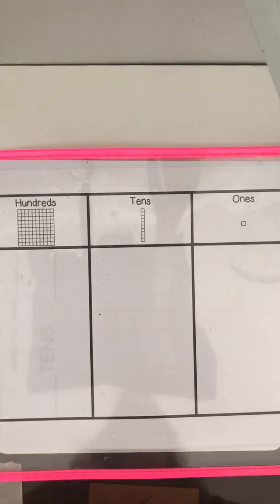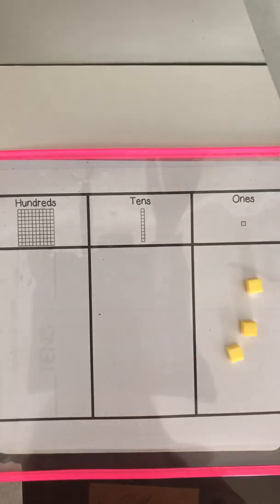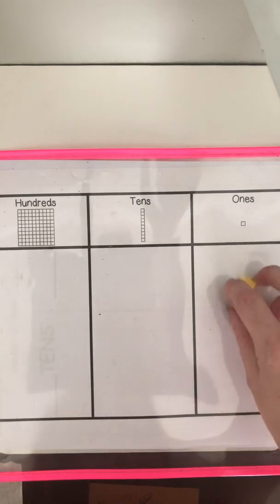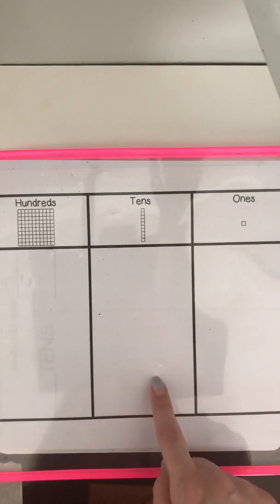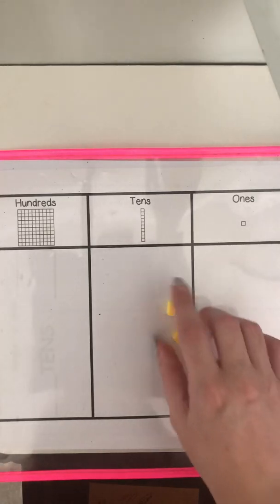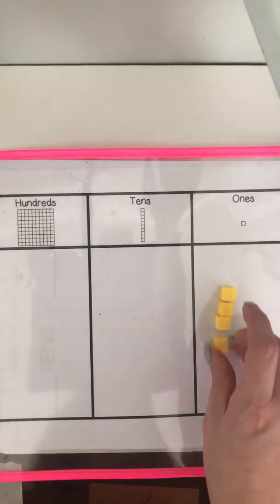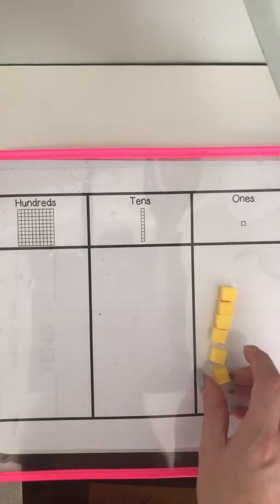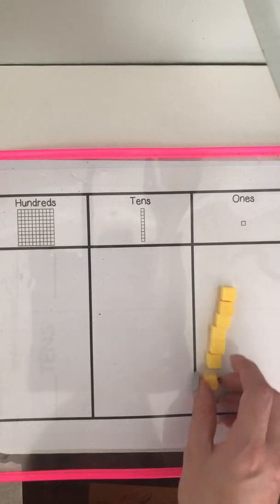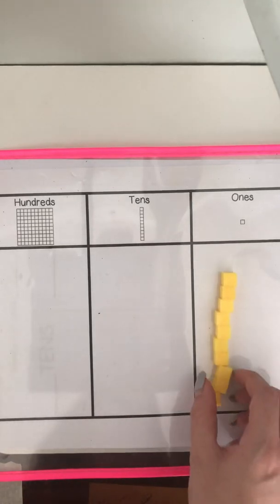So we know that when we're talking about ones, we mean pieces by themselves. Okay? When we're talking about tens, we mean groups of 10. So if I had 10 ones, 1, 2, 3, 4, 5, 6, 7, 8, 9, 10.